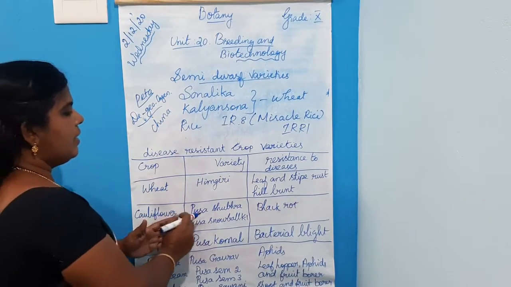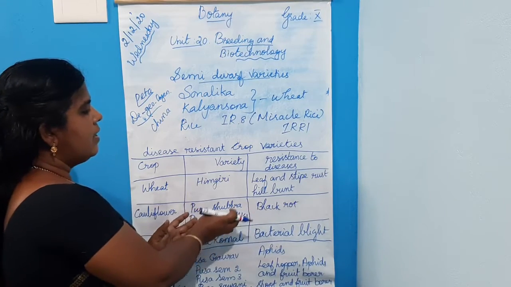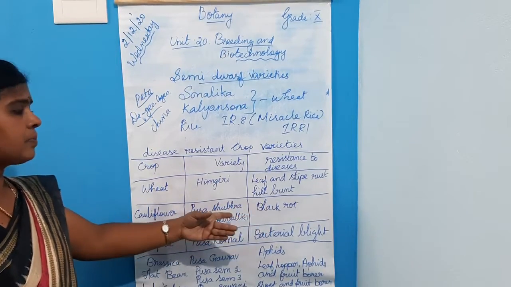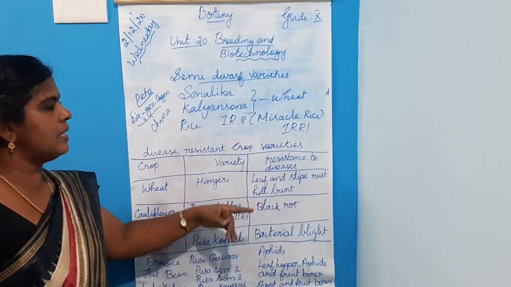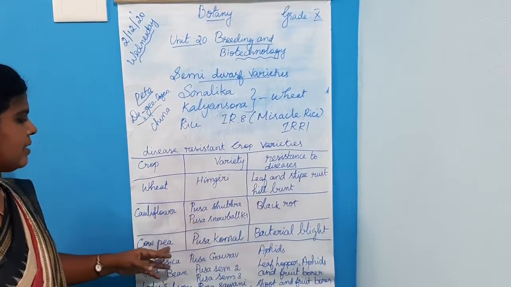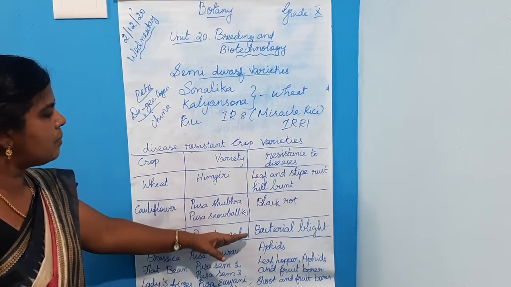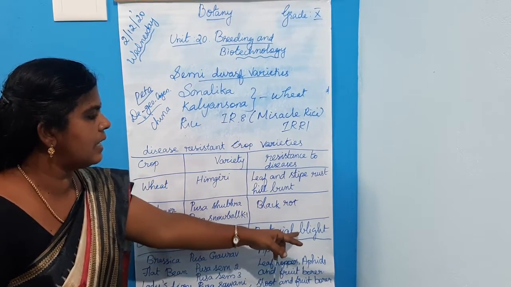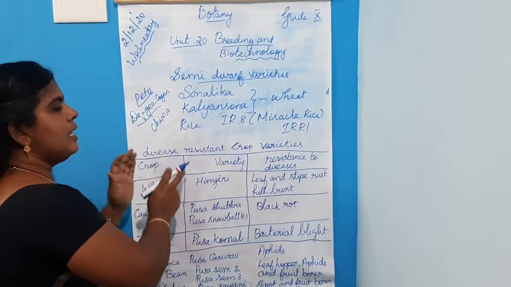For example, cauliflower varieties Pusa Shubhra and Pusa Snowball K1 are usually affected by black rot disease, but because of breeding technology these two varieties possess resistance against black rot disease. Next, the cowpea variety Pusa Komal also possesses resistance against the disease bacterial blight. So these are the examples.